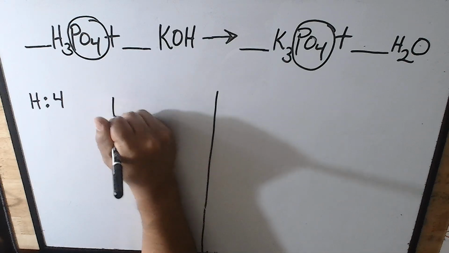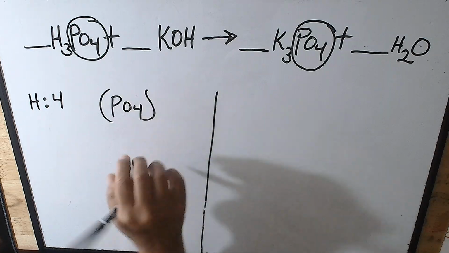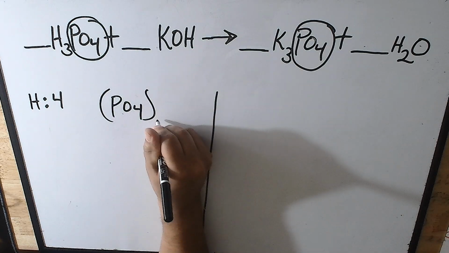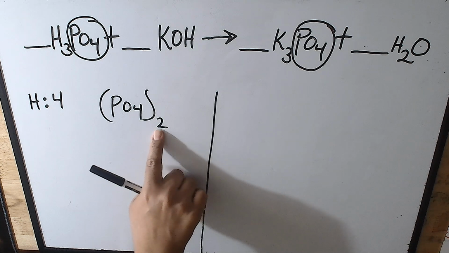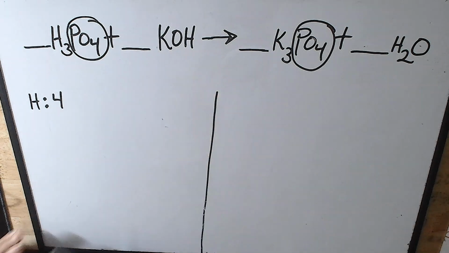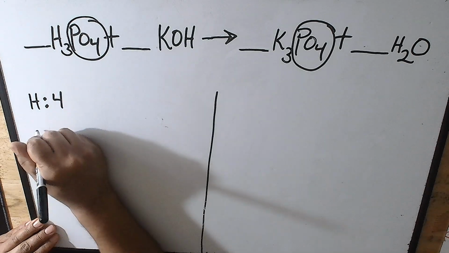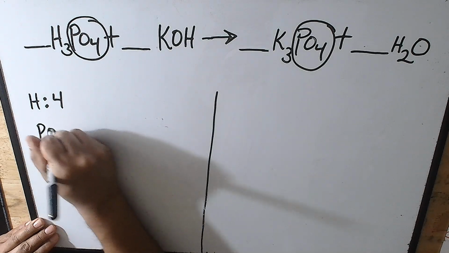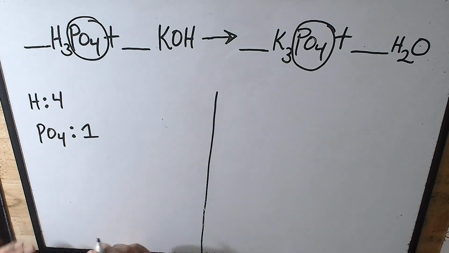Now, if we have more than one, it's going to be understood by having parentheses, and then it's going to have a small subscript that is going to have either 2 or higher. So we know that for this one, we only have one polyatomic ion because it doesn't have parentheses. So we have only one phosphate.